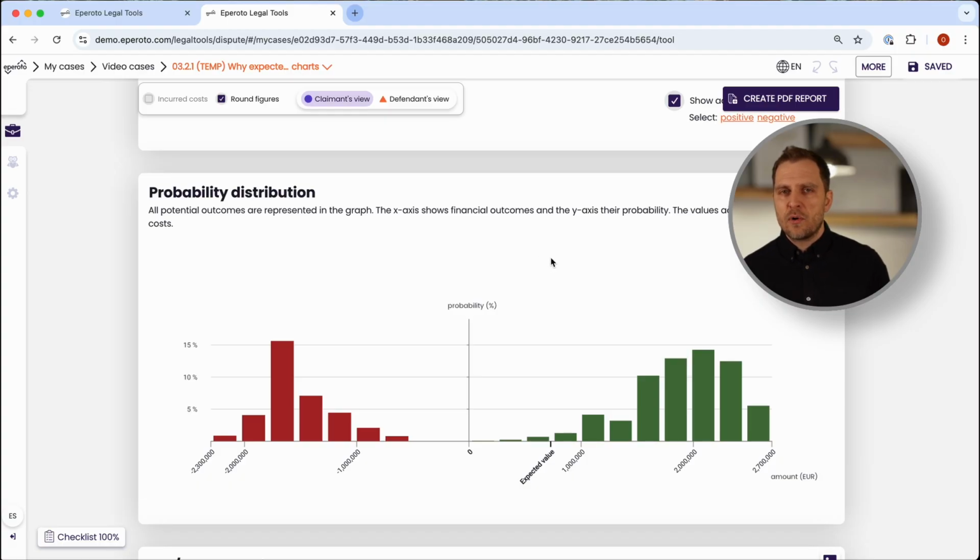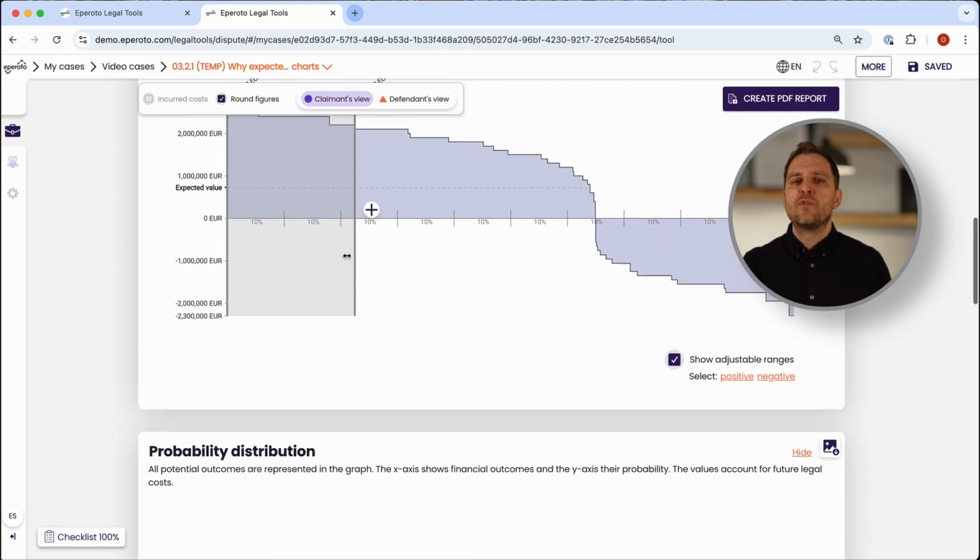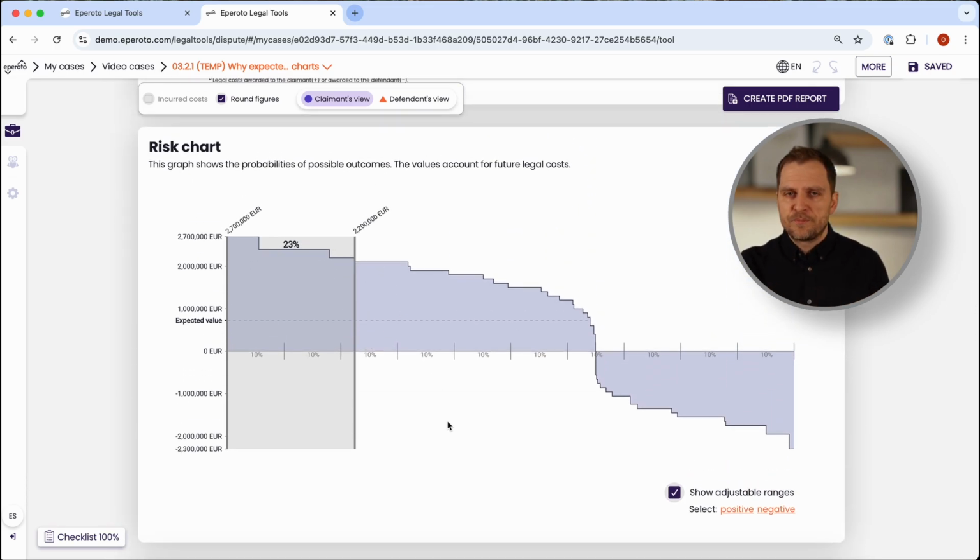Histograms can be intuitive, but the different ways outcomes are grouped into ranges can change the visuals dramatically. Histograms are also not always good for comparisons. Are we more likely to win here? Are we more likely to lose and have to pay something? That can be hard to see. To better show the full range of outcomes, we've created Eperoto's risk chart.